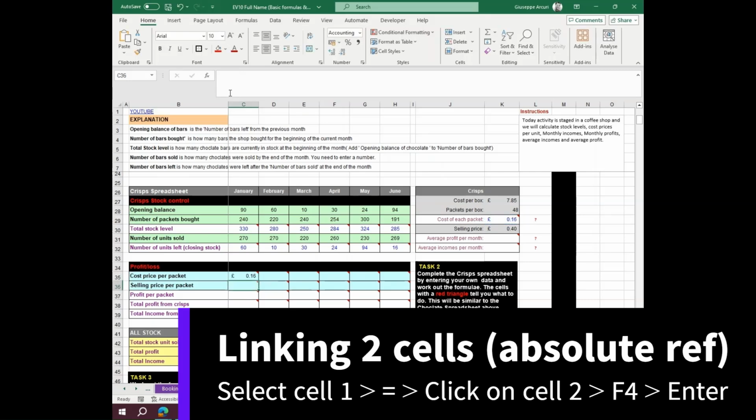We link again the cost price and the selling price. We calculate the profit per unit, the total profit and the total income, and we apply the formulas to the whole row.